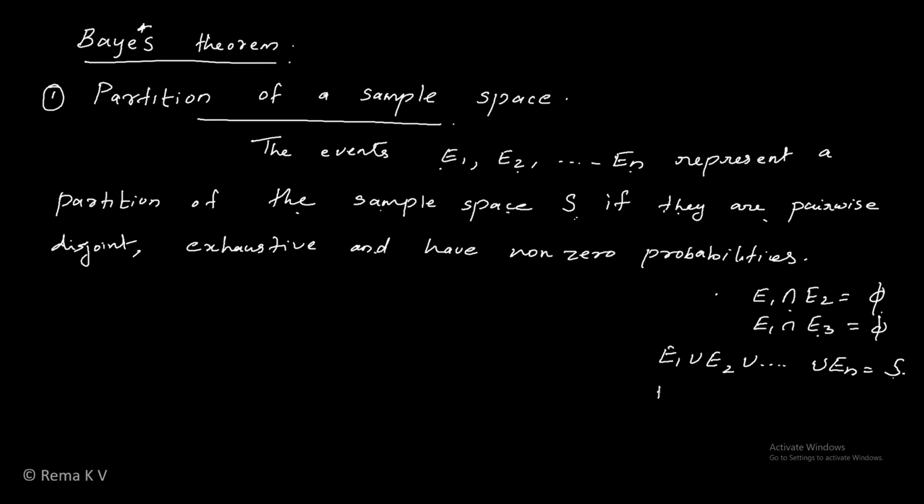Non-zero probabilities means probability of any Ei, E1, E2, E3, etc. En, whichever event you are considering here, that must be greater than 0. Having non-zero probability. Probability of A is greater than 0. If these three conditions are satisfied, then we say that the set of events E1, E2, etc. En form a partition of the sample space S.